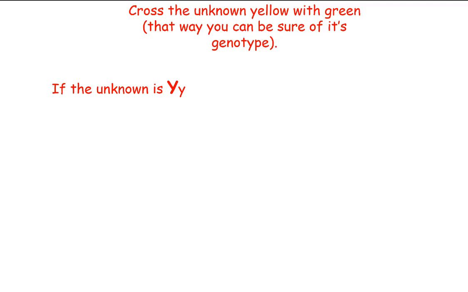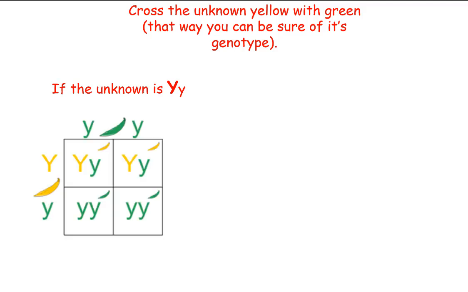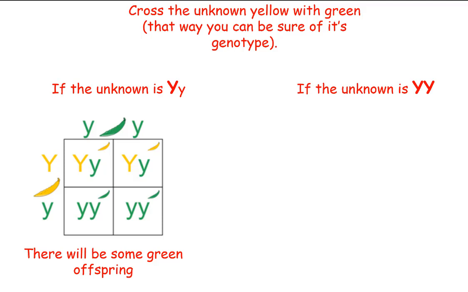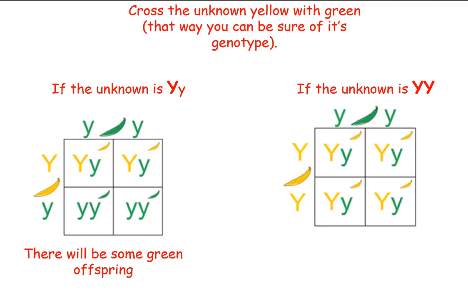So if the unknown is big Y, little y, we carry out a Punnett square and a genetic cross, and this is what we'll get. So down here is the unknown, big Y, little y. Up here is the known homozygous recessive. In this scenario, there will be some green offspring. But if the unknown is big Y, big Y, and we cross it, that means that all of the offspring end up with a big Y gene for yellow.